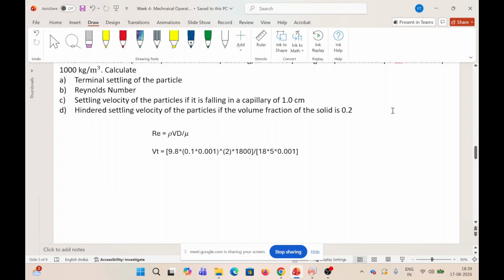You just need to calculate and let me know what is the value of the terminal velocity. So let me calculate.